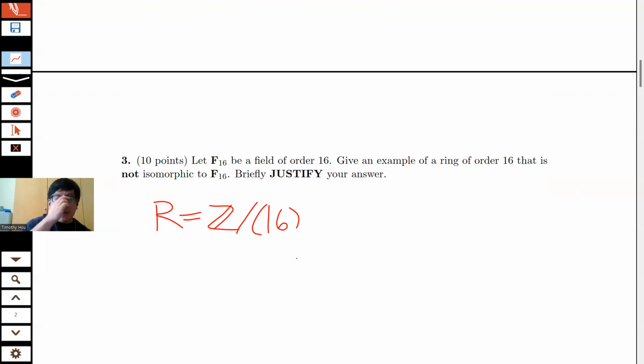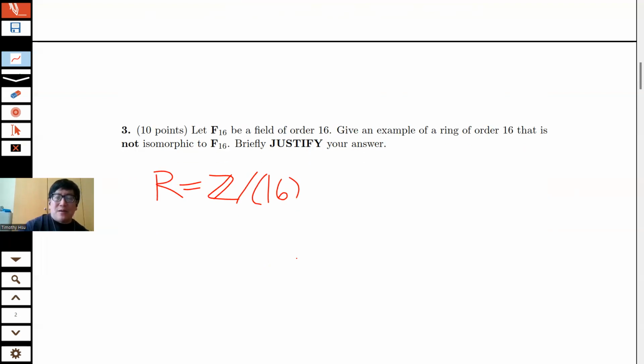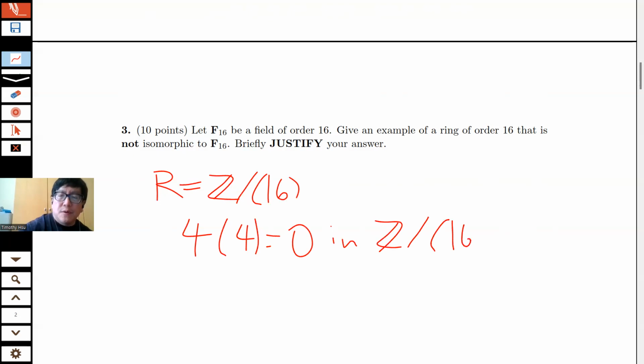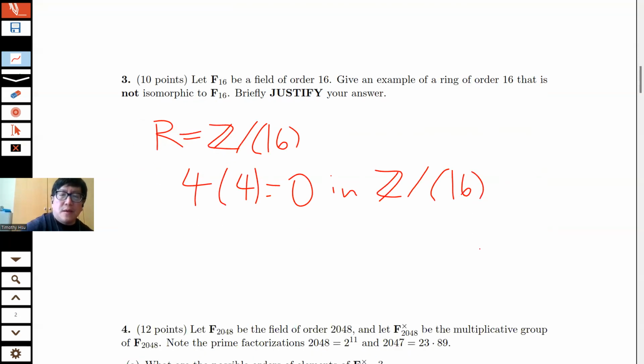But to justify that this is not isomorphic to F16, 4 times 4 equals 0 in Z mod 16, and a field can't have 0 divisors, something that's proven in the book.